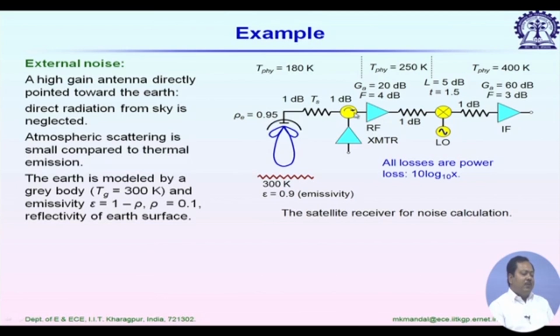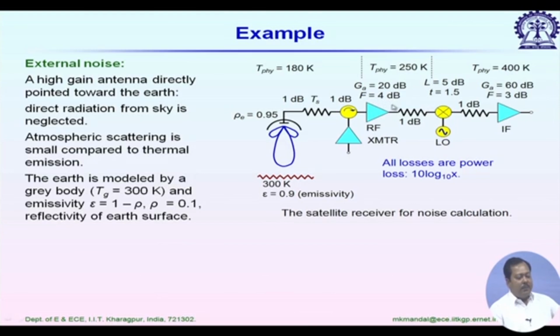Immediately after the circulator, we have a low noise amplifier. The gain of this low noise amplifier is given as 20 dB, and the corresponding noise figure, not factor, in dB, is 4 dB.